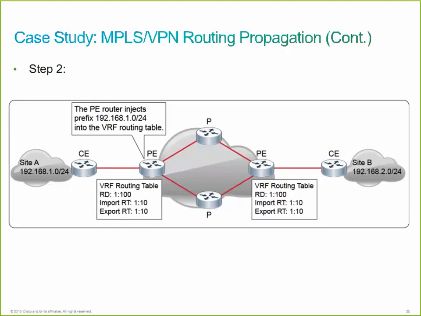Even though we're not seeing other customers as part of this topology, let's assume that they exist. So we have to identify this customer uniquely, and in this case, we're doing that with an RD of 1:100. In addition, we have import and export route targets that are configured, and those import and export route targets are 1:10.